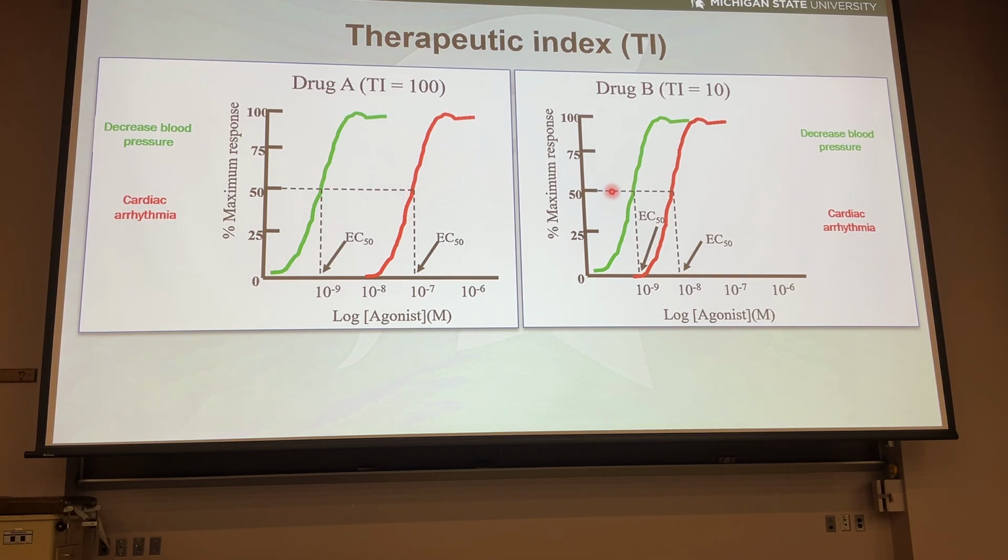Moving over to drug B, doing the same analysis there, we see that it's only 1 log in between the therapeutic response and the toxic response, right? 10 to the minus 9 EC50 for therapeutic response of drug B, 10 to the minus 8 amount of drug B will cause the toxic effect.